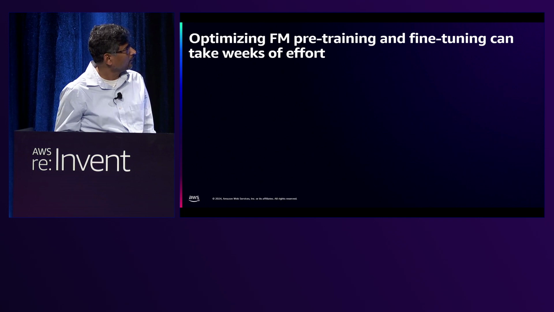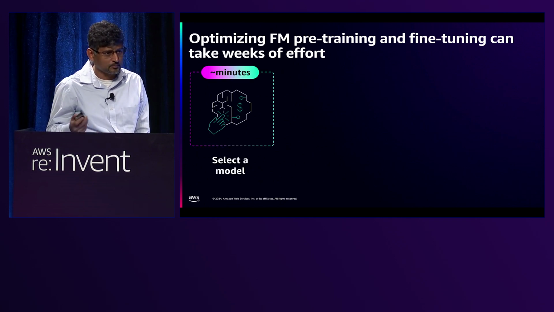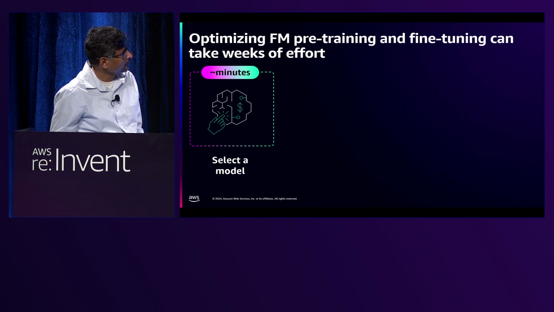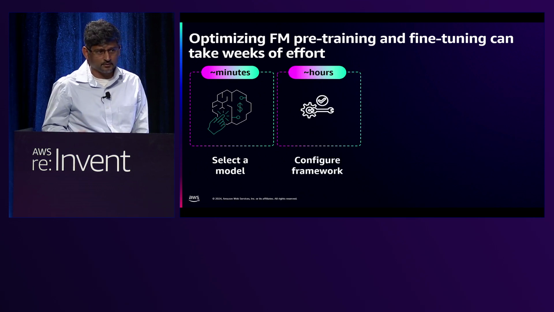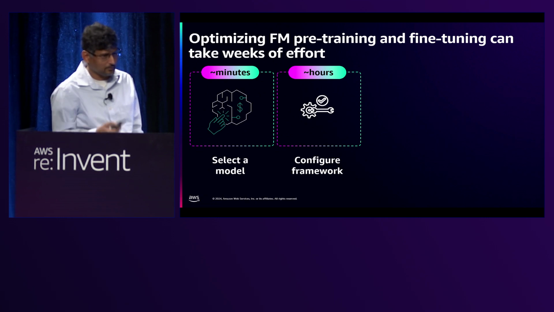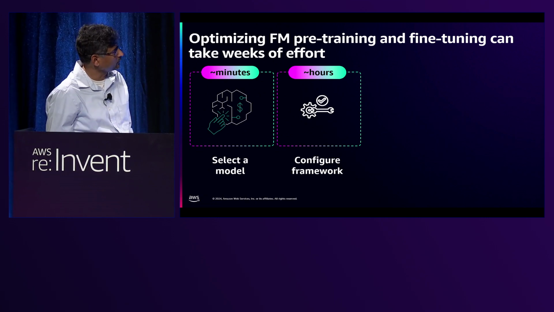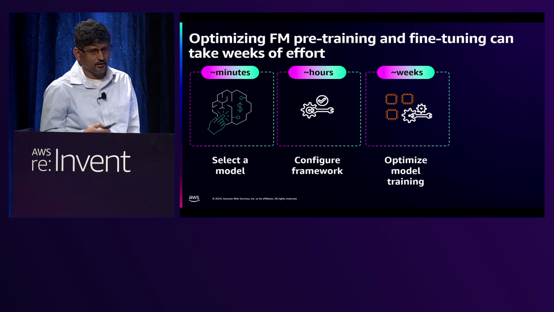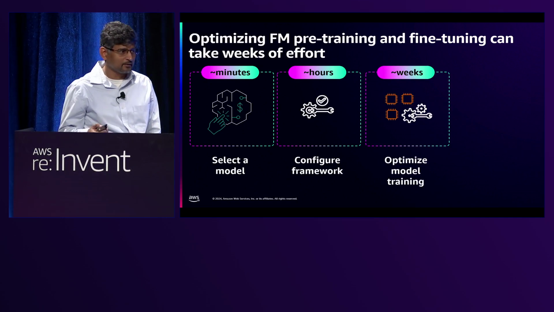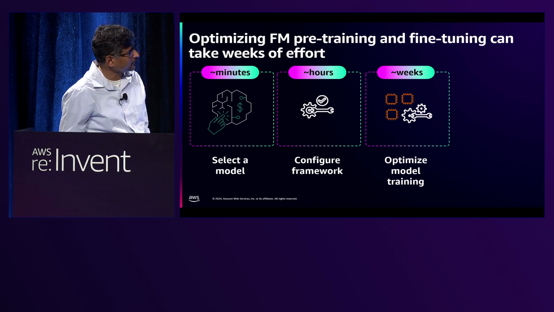For example, the first thing you have to do is find the model, determine which model you want to use. Then you spend hours, and sometimes even days, trying to figure out the right framework to pick, whether it's NeMo or PyTorch or a combination of the two. And then you spend a lot of time trying to optimize the parameters to make sure you have the right model configuration.